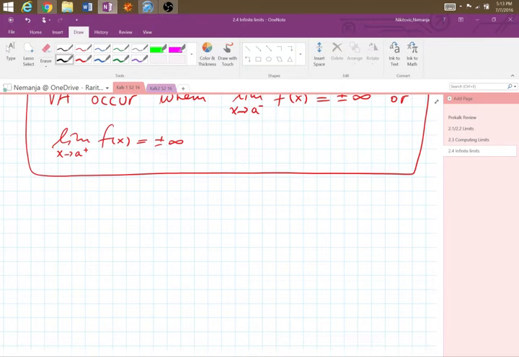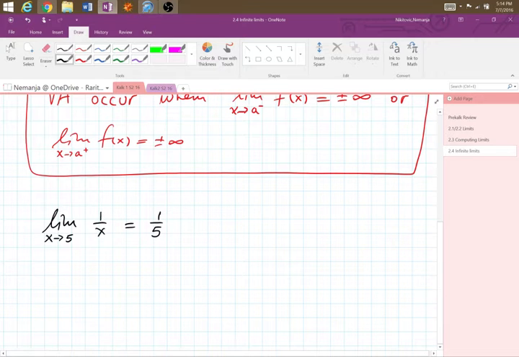So now, let's take a look at the limit of 1 over x as x approaches 5. What would that be? 1/5. Exactly. Remember the problem from last class? Just plug it in.